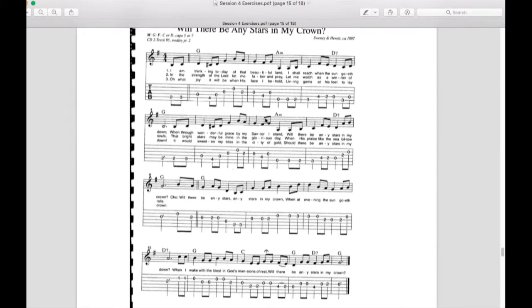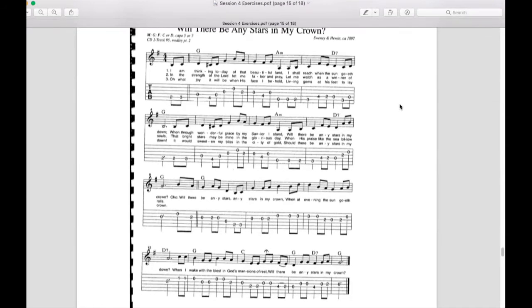And then we get 1 for a whole lot of time, and then D7. So there's our 1, 5, 1, G, 4, 1, 5, 1. Okay, that's how we analyze this. So let's play this together. I'll try to sing and play as best I can and sight read this. 1, 2, 3.